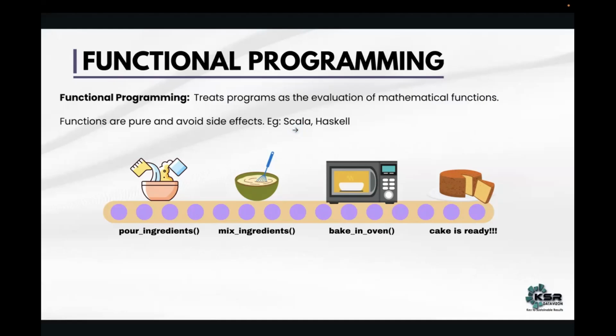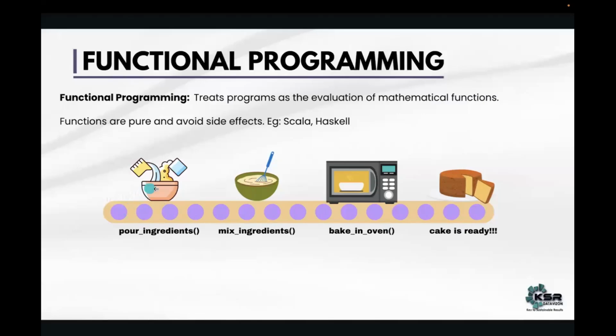Similar to what we have seen in OOPS and procedural, we'll see baking a cake in functional programming. Here, machines will be there, right? Like an industry pipeline, like how a milk packet is made. Some pipeline is there.